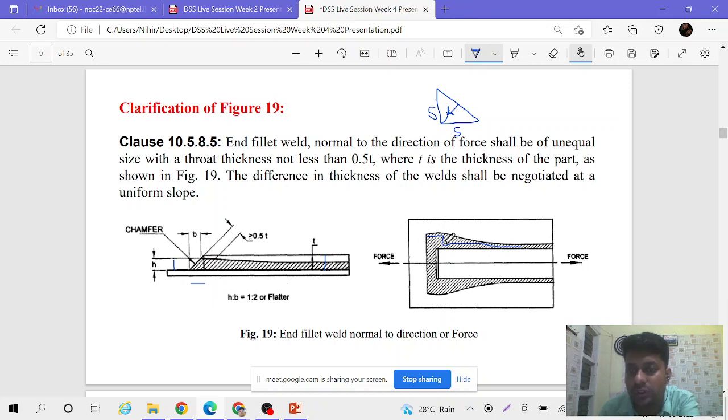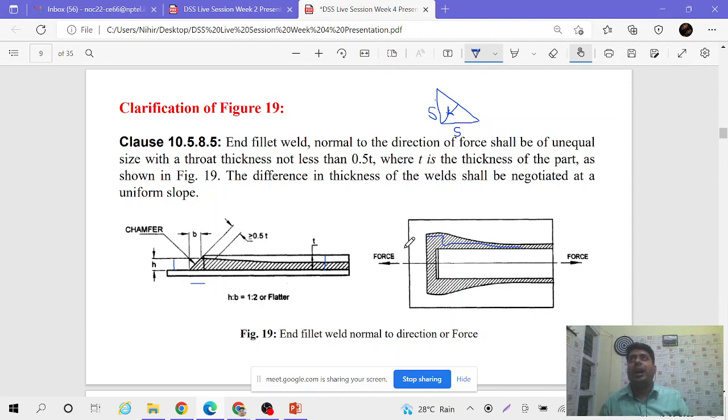Don't do like this. You have to provide a uniform slope, as shown in this figure, so that stress concentration will not take place at this position. So the code expects you to do this for the end fillet weld.